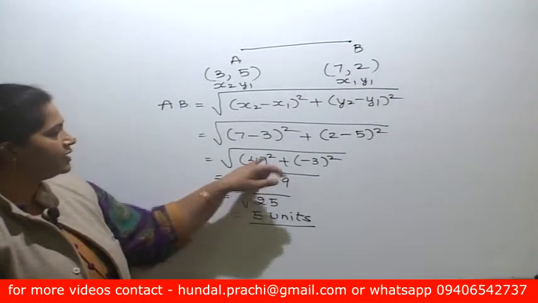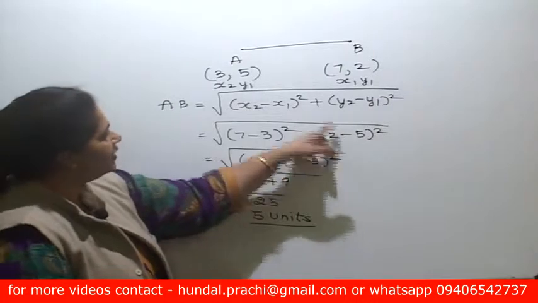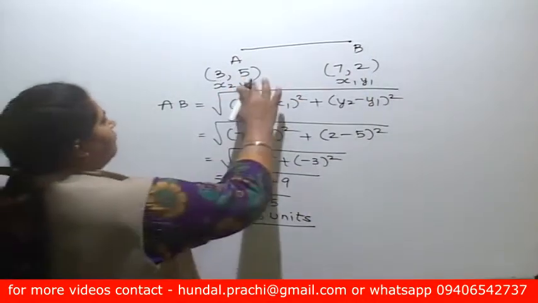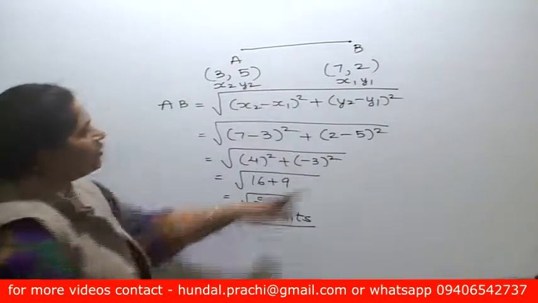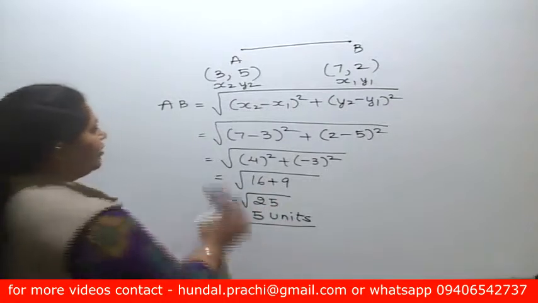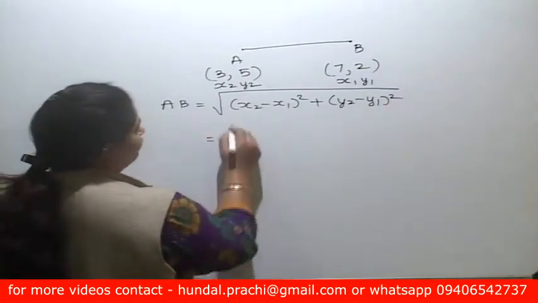So if you take minus 4 square, then also the answer will come 16 only, and here instead of 2 minus 5, if I would have taken 5 minus 2, then also the answer would have been 3, 3 square is again 9. So there will be no change in answer if you alter the coordinates of point.